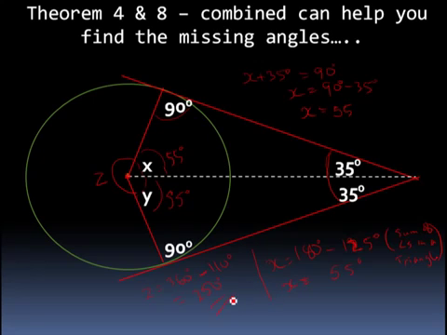Okay, and that will be our answer there. And what's the reason for this? You want to state the reason. I don't have enough space here, so you state the reason as angles at a point sum to 360 degrees. Okay, so that was a nice practice question.